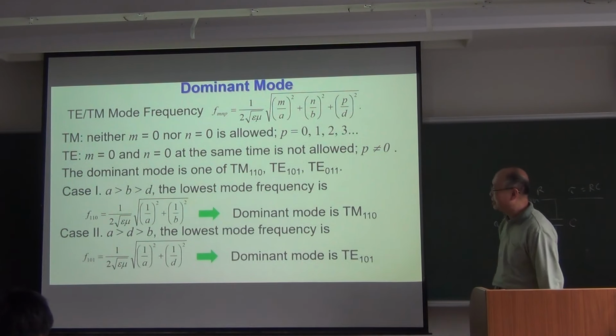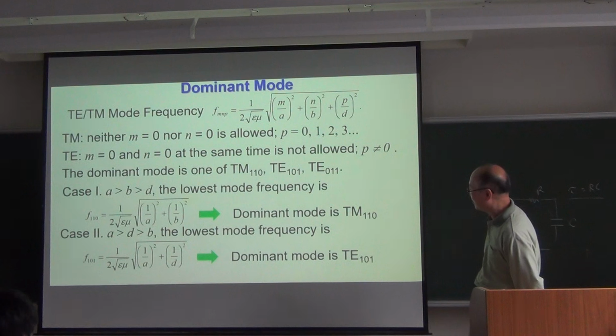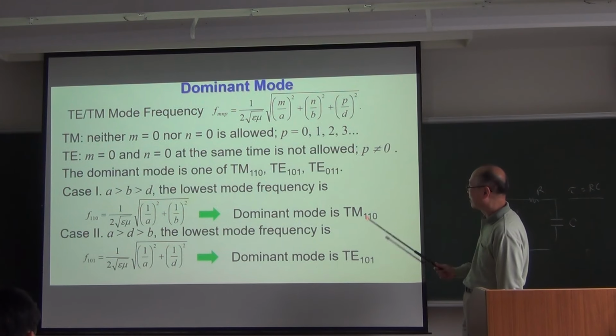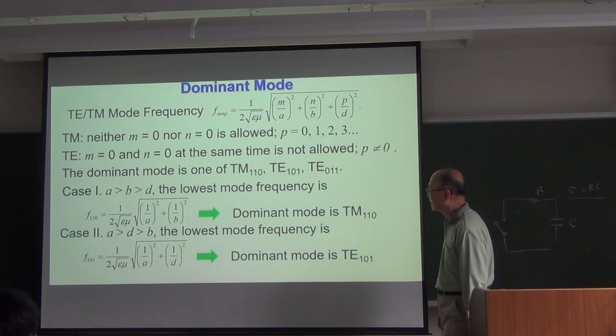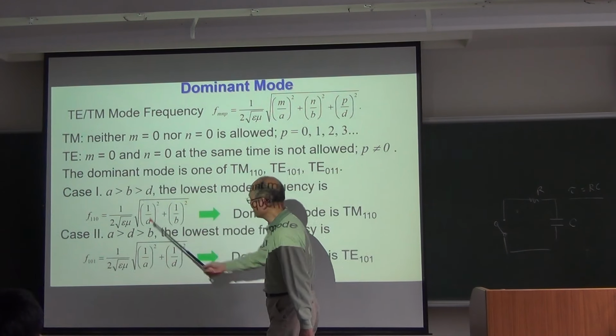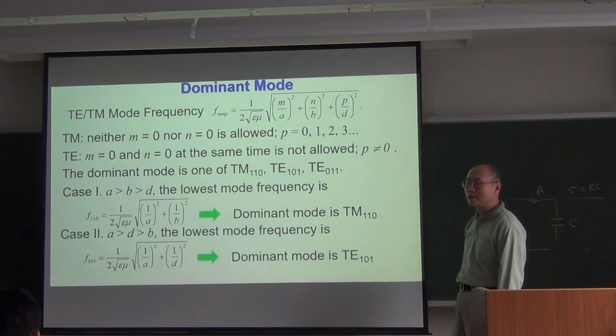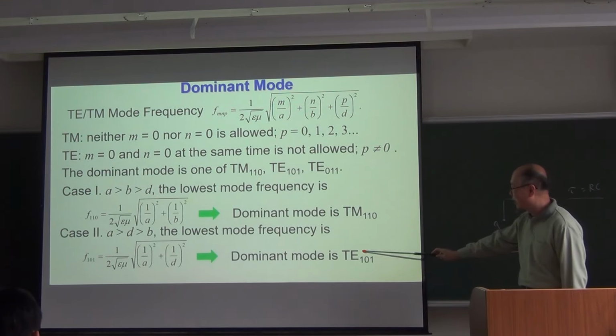But then for TE mode, the dominant mode is going to be TE101, okay? Because the largest value is a, so the first index you choose for TE mode is going to be the 1, okay?